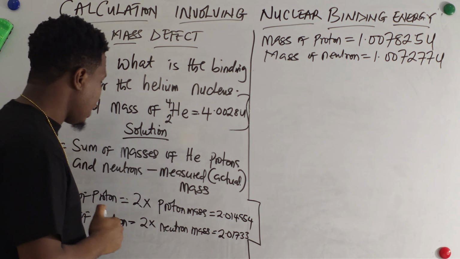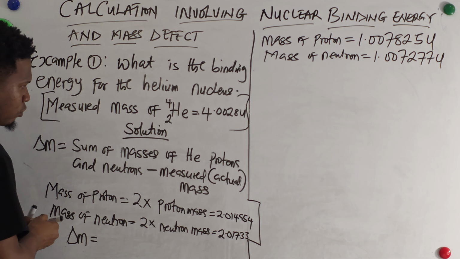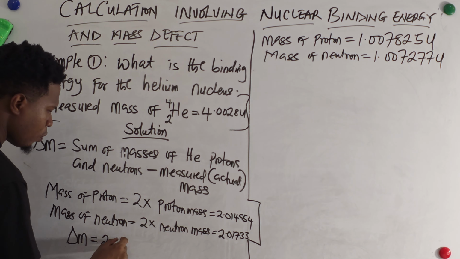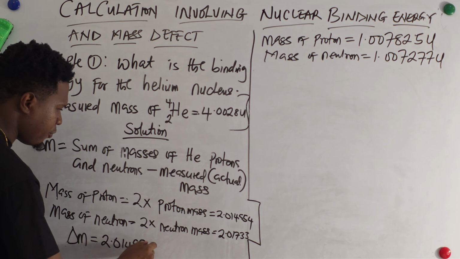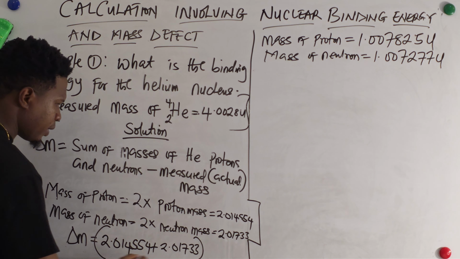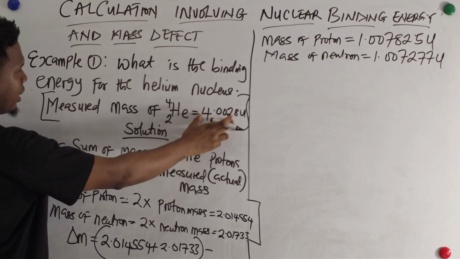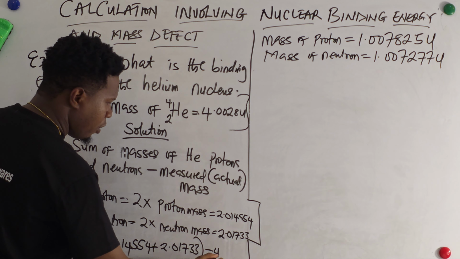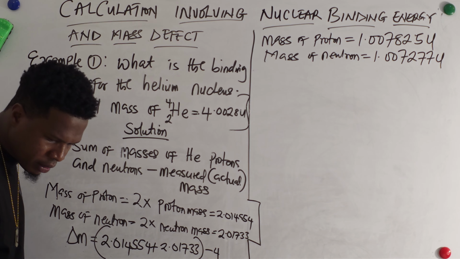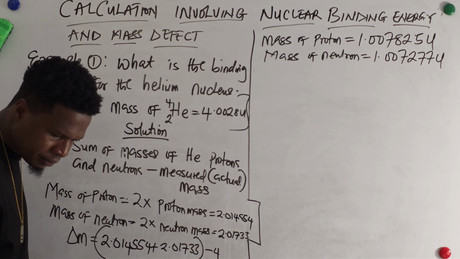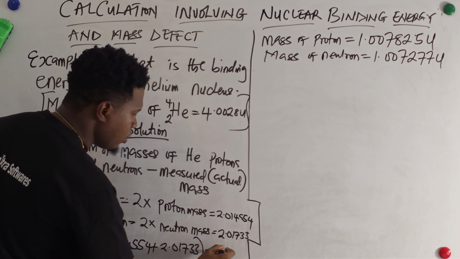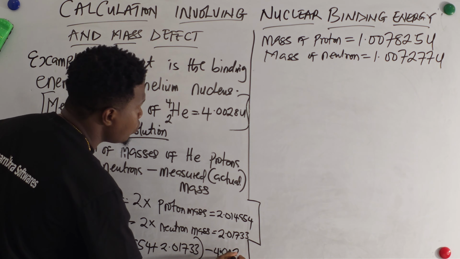So quickly, we can now calculate the mass defect. The mass defect will now be the sum of these: 2.014554 plus 2.01733, minus the measured mass, which is 4.0028.